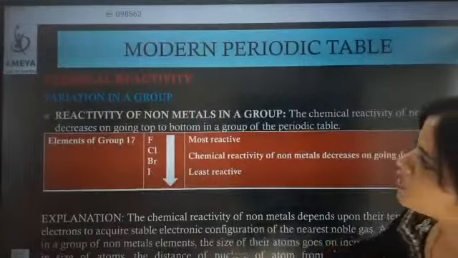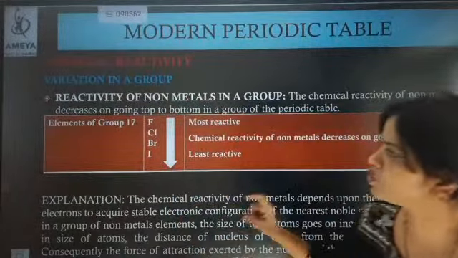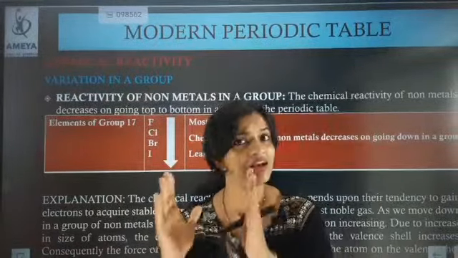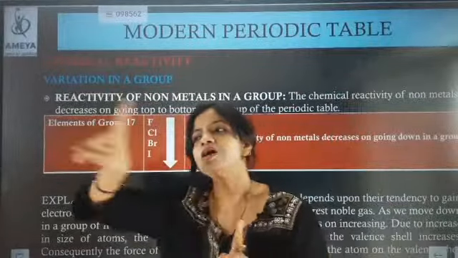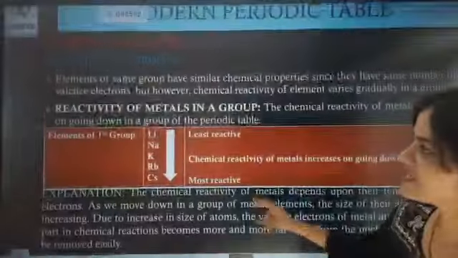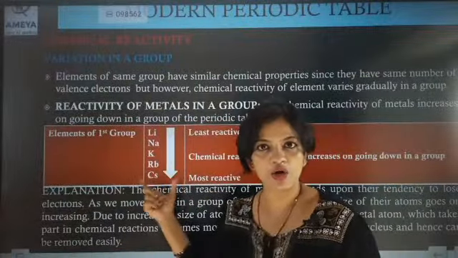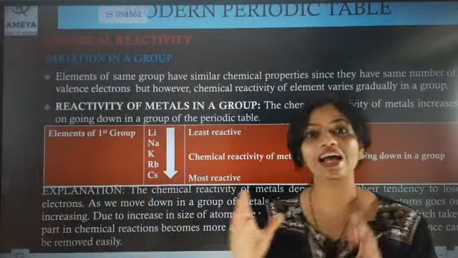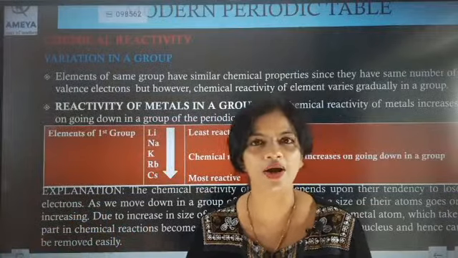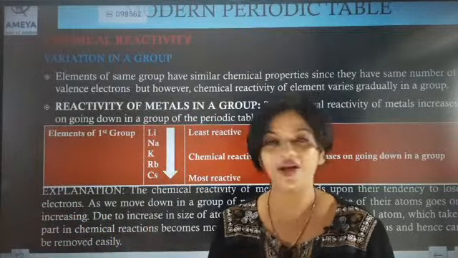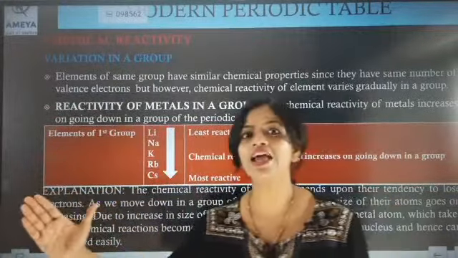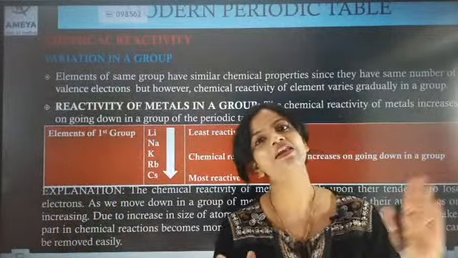Okay, so now we are going to go about chemical reactivity in a group. Now another important point, because we have discussed chemical reactivity of the extreme left element, that is the s1 block. Right now I discussed about s1 block, group 1. That means I talked about those elements which are present in group 1. Because you all told me one thing, that on going from left to right, first reactivity decreases and then increases.